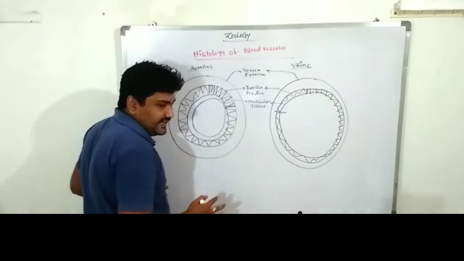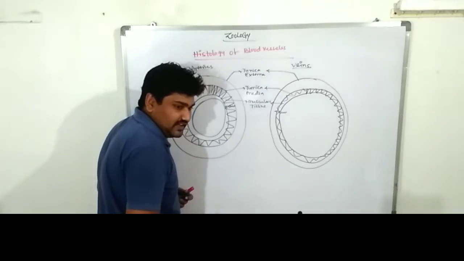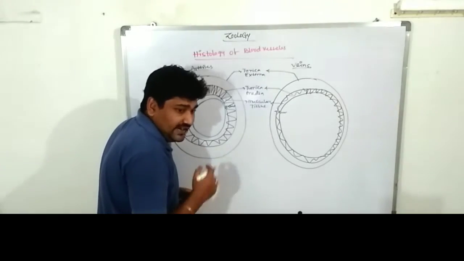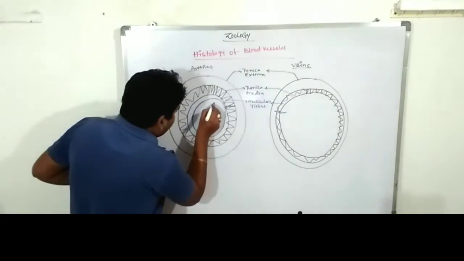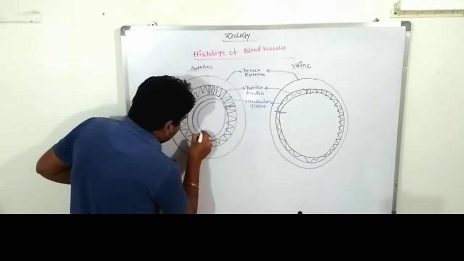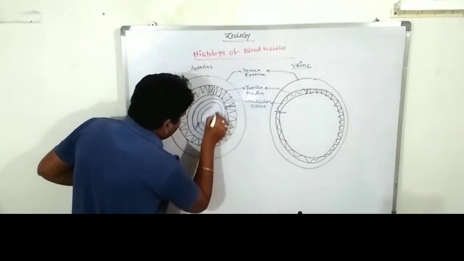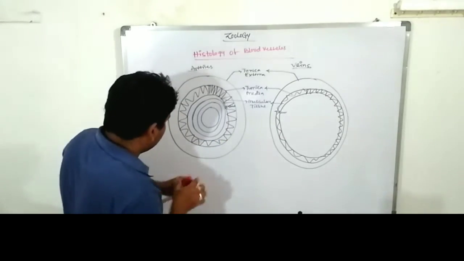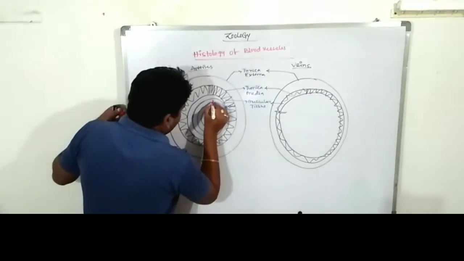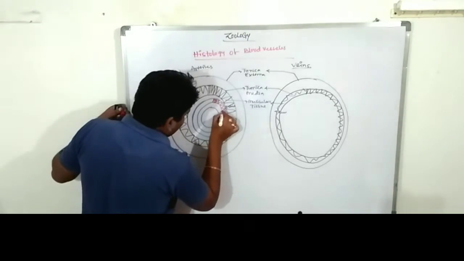The tunica interna contains how many membranes? Two membranes are there. What is the first one? Elastin membrane as well as endothelium. So this is known as the elastin fibers.